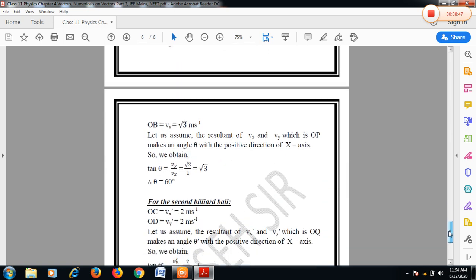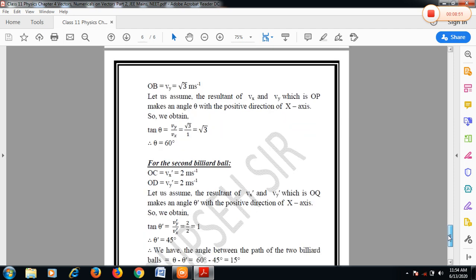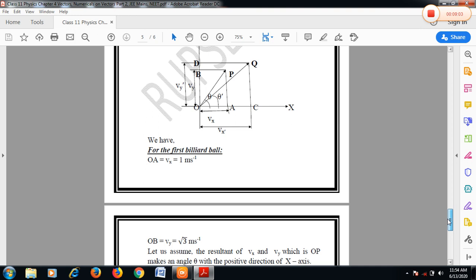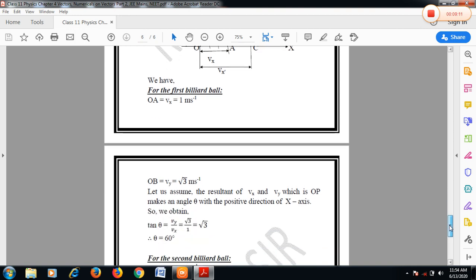Now for the second billiard ball, OC, the x component of its velocity, is Vx prime equals 2 meter per second, and as per the given problem, Vy prime equals OD equals 2 meter per second.